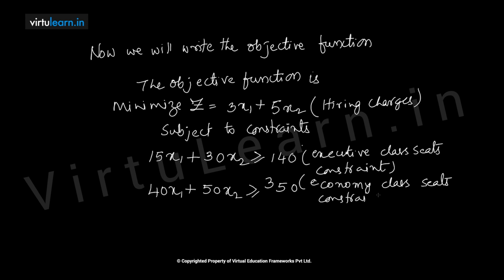And other than this, there is also another constraint. Earlier they mentioned P371 should be hired a minimum of 2, that is, x1 is greater than or equal to 2.